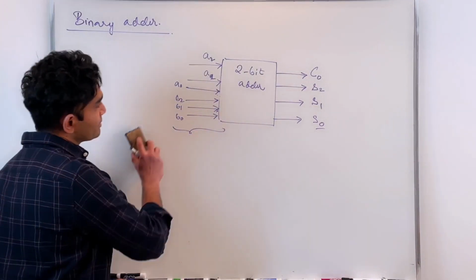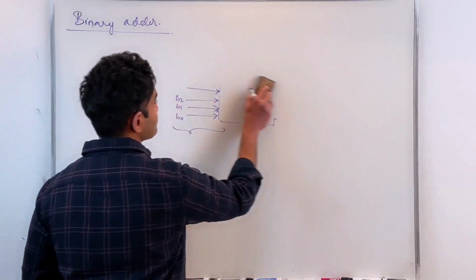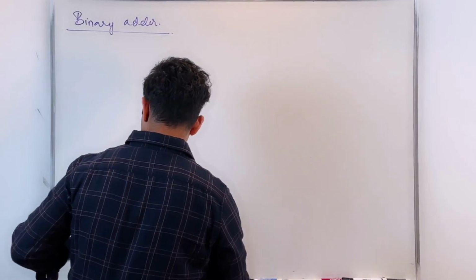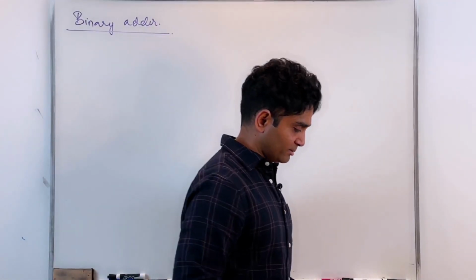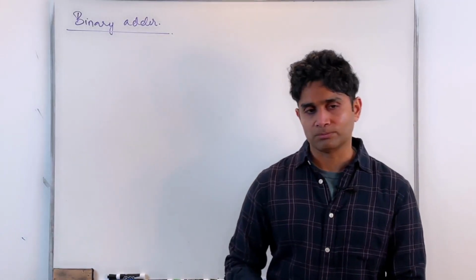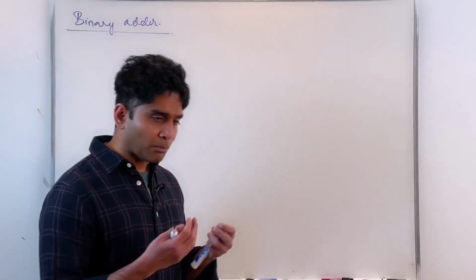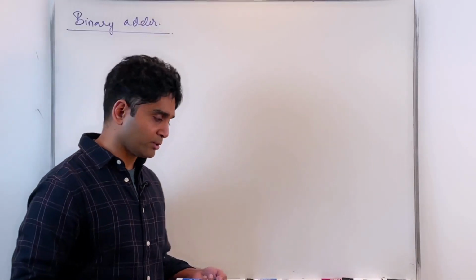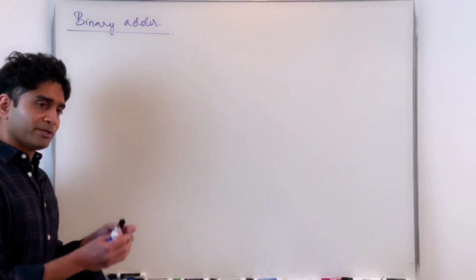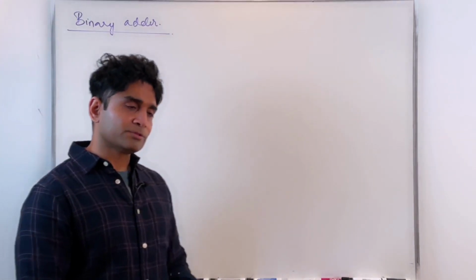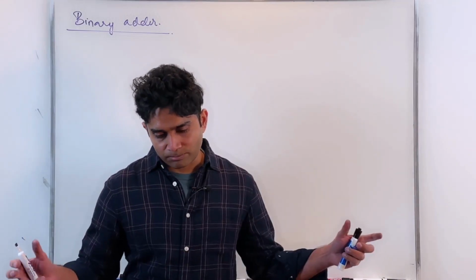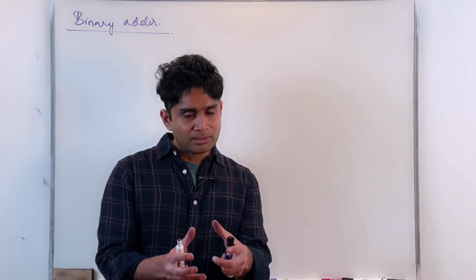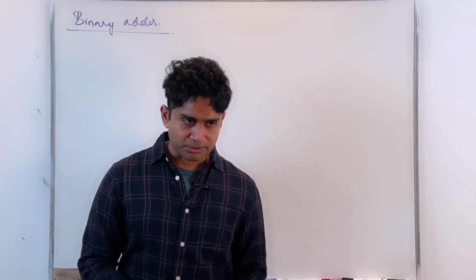So let's actually look at the modular approach. And this approach is not just relevant to this class. This modular approach is the way to go when you're trying to design any engineering system. You design individual modules that can perform simple operations, and then you put them together to perform a more complex operation.